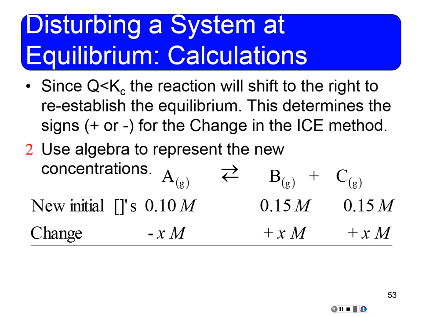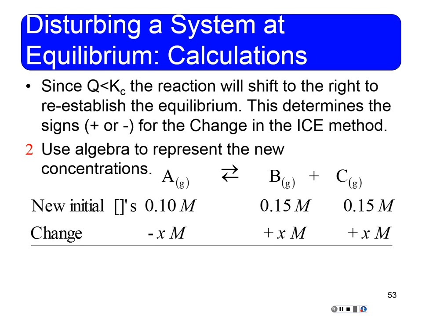But we don't know how much. So that's where we just have X. That's what we're trying to find. We're forming product because Q is less than KC. We have 2 products here, so it's going to be the same, plus X and plus X, and that's what we're going to solve for. And then we're going to be losing reactants, right? We're using up reactants, forming products.